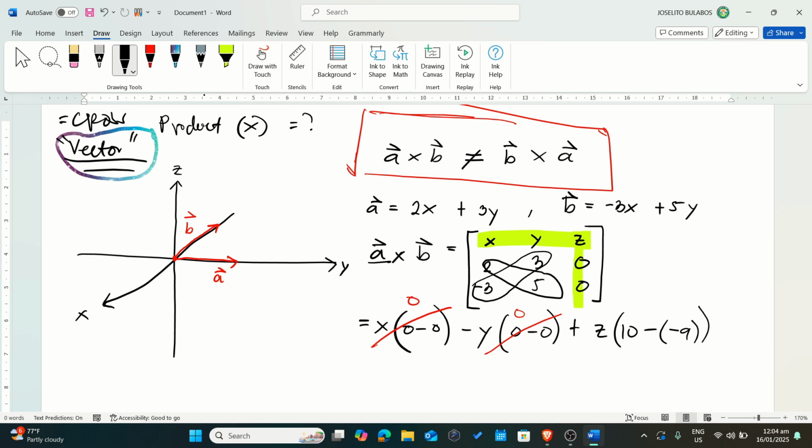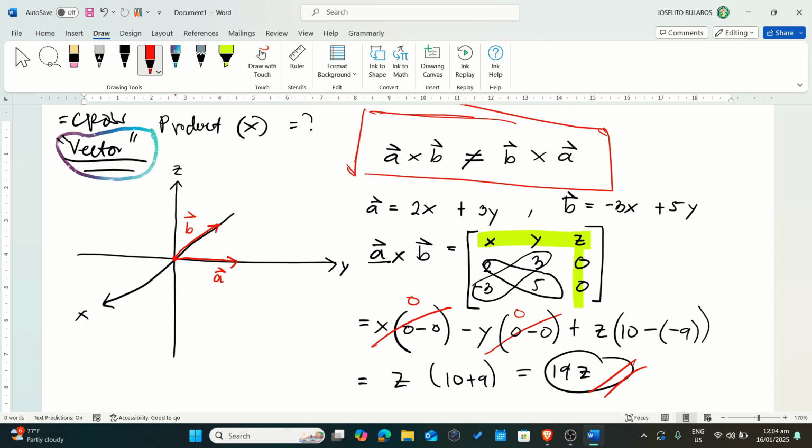Okay, so we have here 0, 0, so we have z, 10 plus 9, and we end up with 19z, and this is our cross product.